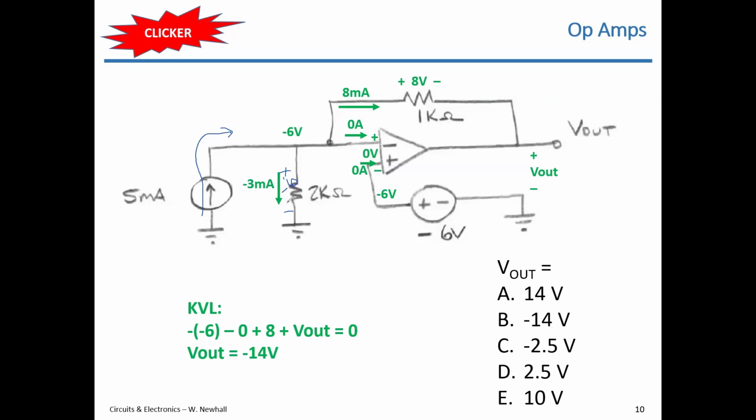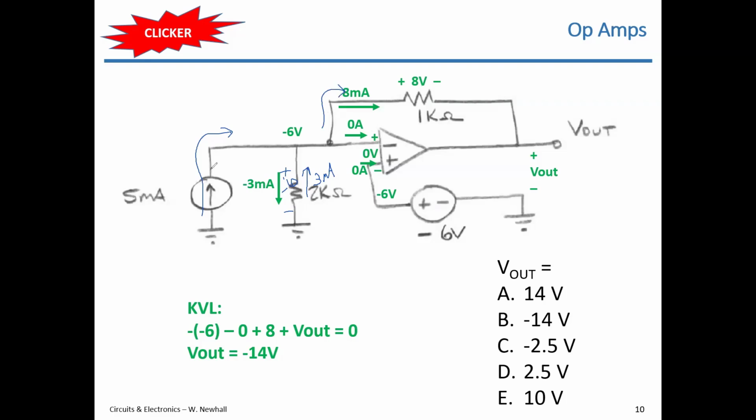And that means I have negative 3 milliamps going down. I could also say if I have negative 3 milliamps going down, I have plus 3 milliamps going up, right? So 3 milliamps coming up into this node, 5 milliamps coming up into this node. That 8 milliamps, 3 plus 5, has to leave somewhere. You have 0 going into the op amp, so that 8 milliamps must be going this way.